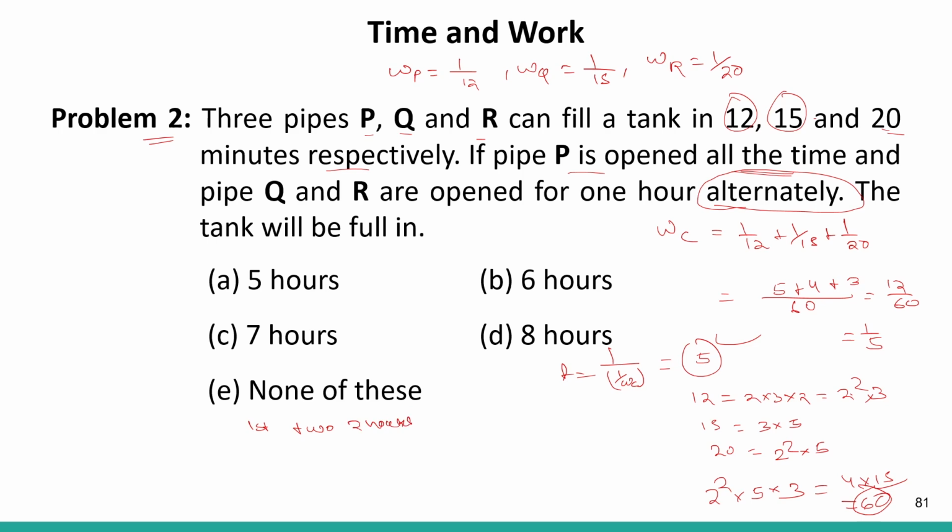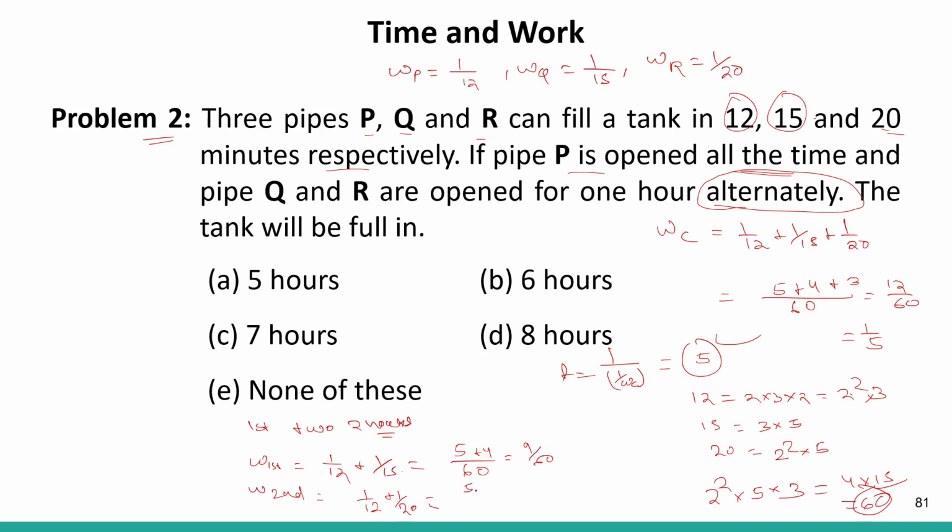What happens in the first 2 hours? In the first hour, the work rate is 1/12 + 1/15, so the first hour's work is 5 plus 4 is equal to 9/60. And in the second hour, W second is equal to 1/12 + 1/20. That is somewhat similar.